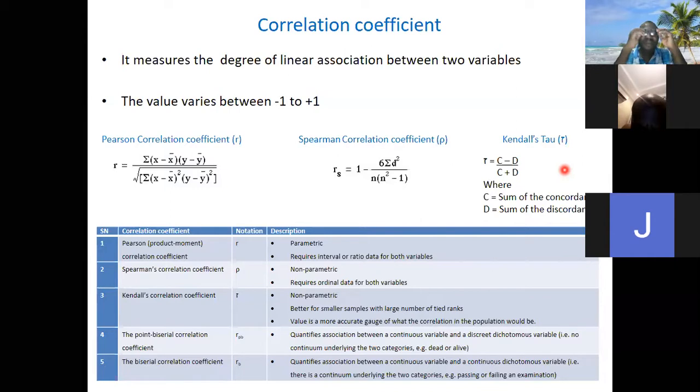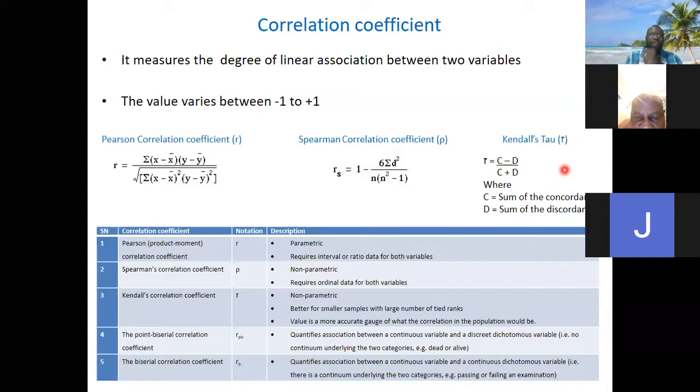I still believe it is better to say it varies from 0 to 1. It can be in a positive direction or negative direction, but whichever way, you cannot have a value greater than 1, either in the negative or positive direction. It cannot be less than -1, it cannot be greater than 1. That's what it means. And the different types we have are in our slides, in our videos, in our module.